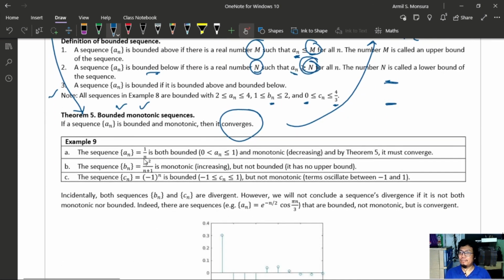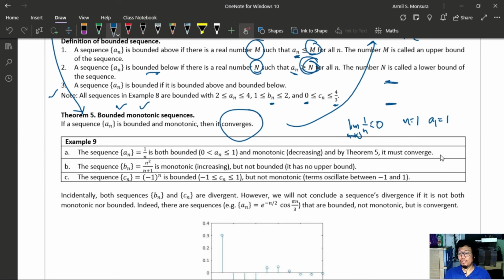Now, let's have this. The sequence 1 over n is bounded, because its lower bound is 0, found by the limit of 1 over n as n approaches infinity, which is 0. And its upper bound is 1 because the maximum value is obtained when n is equal to 1, so your a1 is 1.